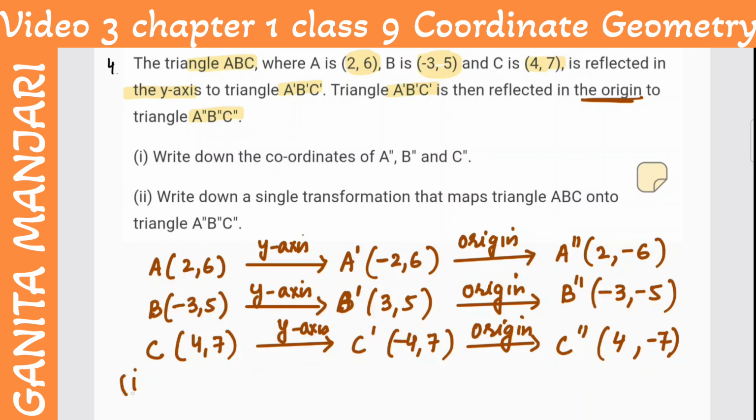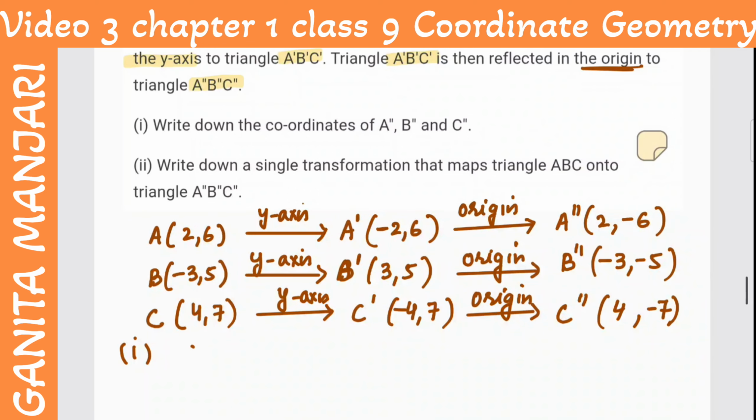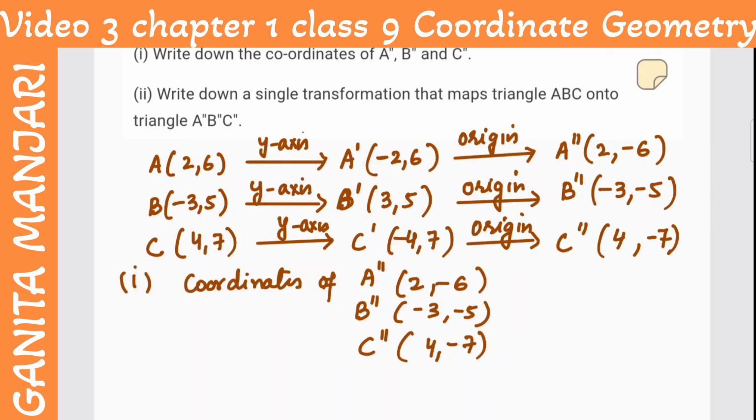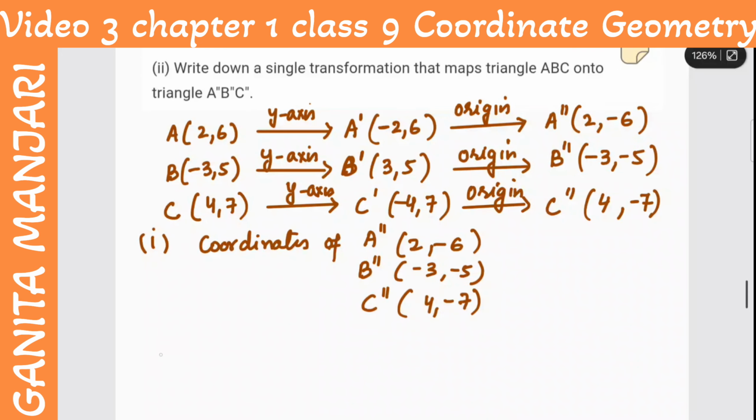Now the first part, the coordinates of A double dash is 2, negative 6. B double dash is negative 3, negative 5. And C double dash is 4, negative 7. Now write down a single transformation that maps ABC onto A double dash, B double dash, C double dash.